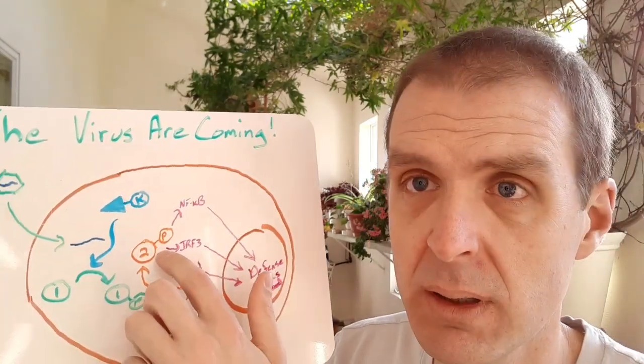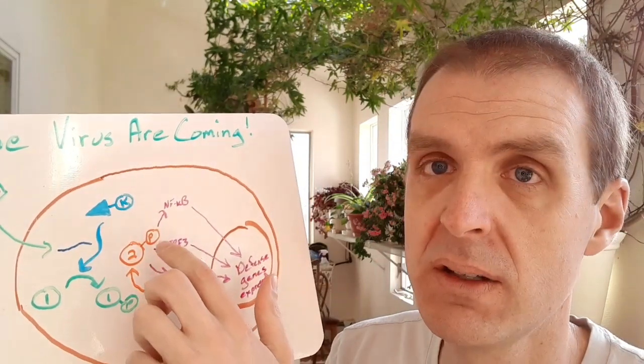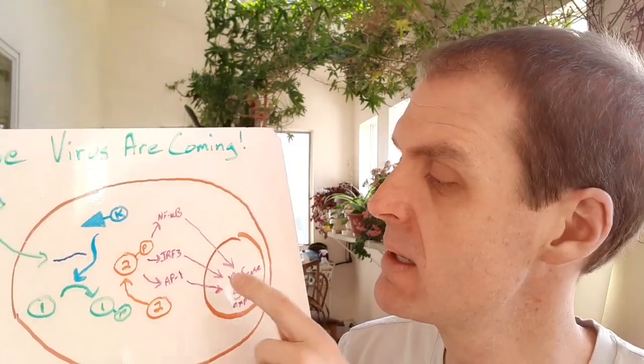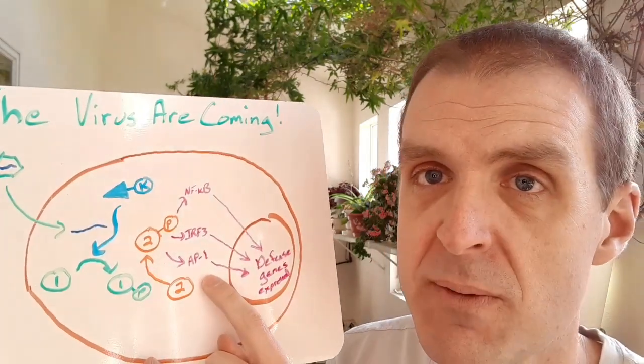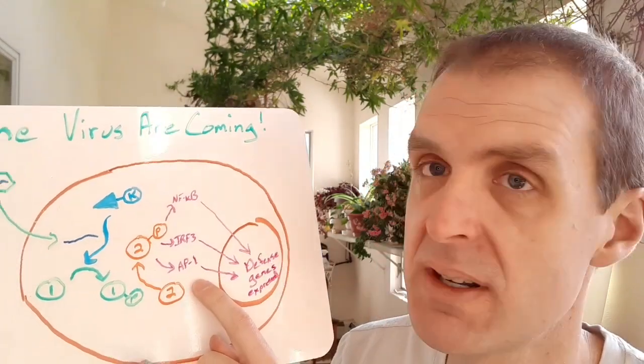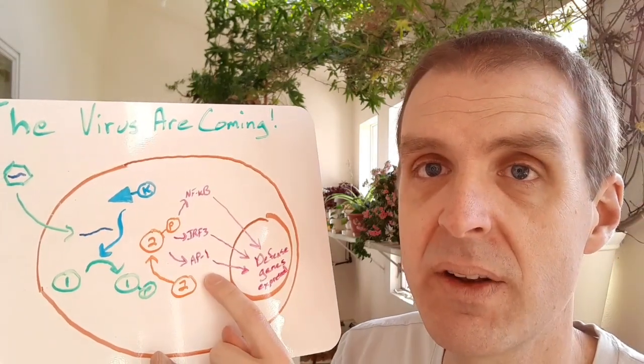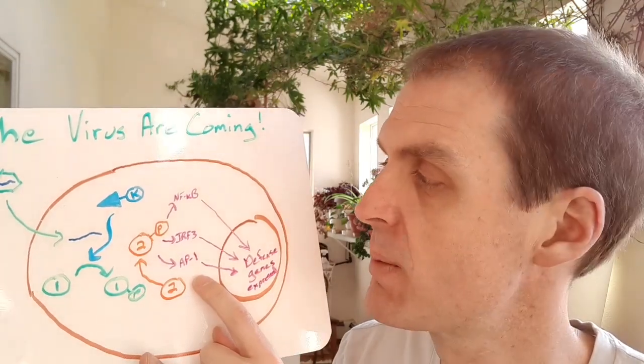At some point, the pathway could split into multiple pathways. And in this example, I have 3 different transcription factors being activated. Transcription factors are the proteins that can either induce or repress gene expression.